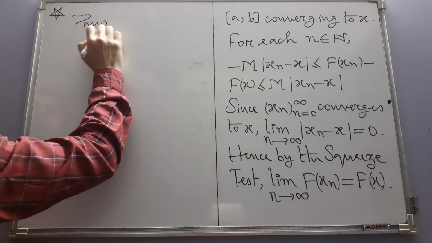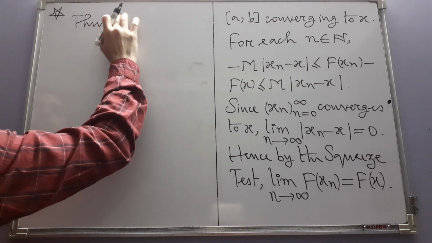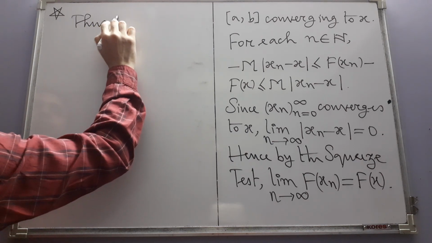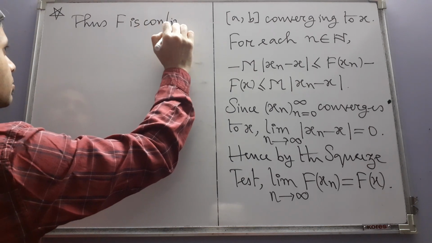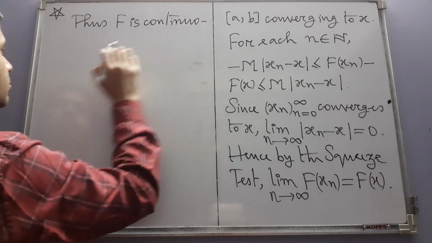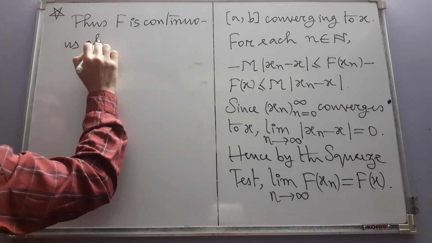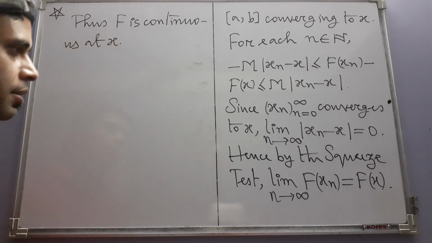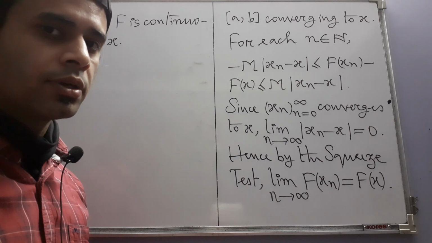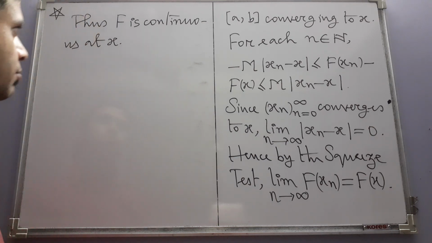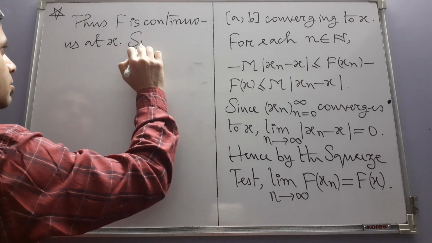Thus, not small f, capital F is continuous at x. But x was any point in the closed interval [a, b], so capital F is continuous on the entire interval.